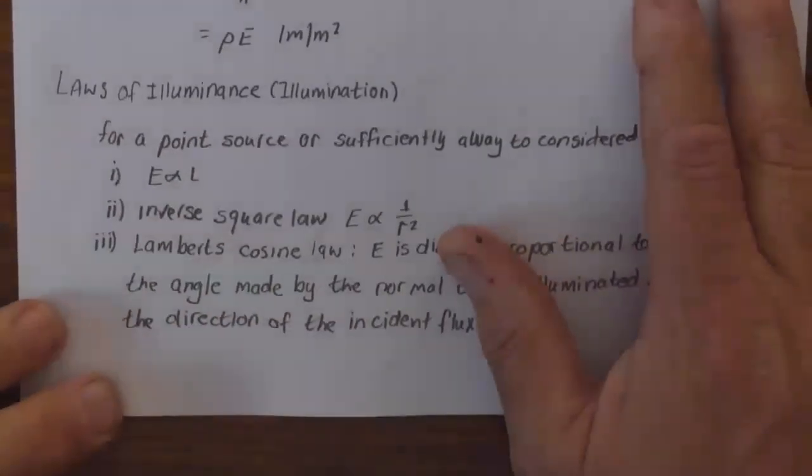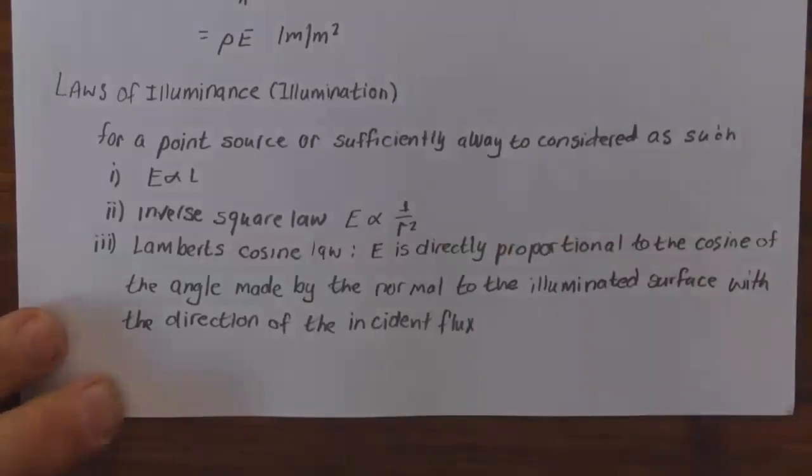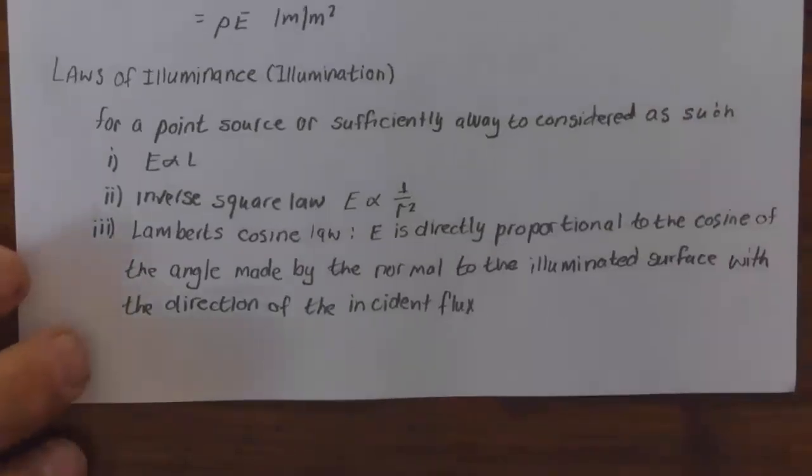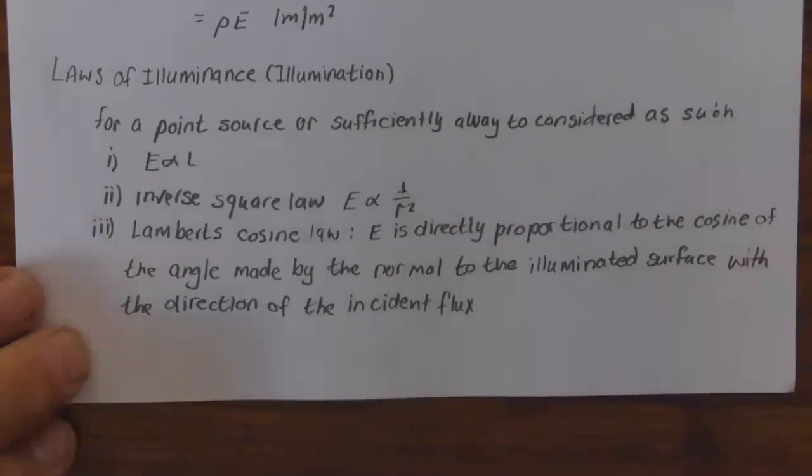Now laws of illumination. For a point source, or a source sufficiently far away to consider it as such, E is directly proportional to I, the inverse square law. E is directly proportional to 1 over R squared.